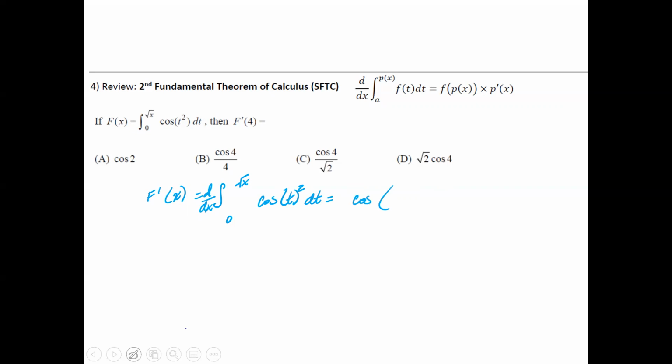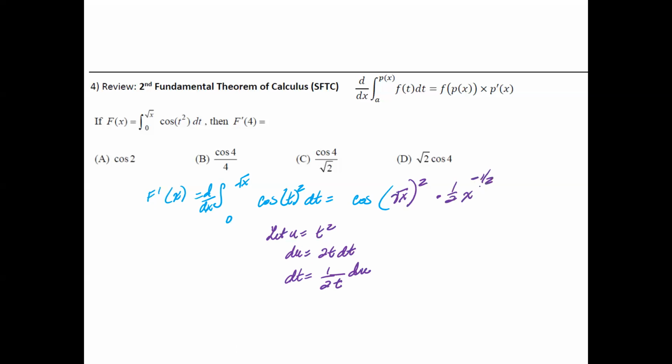And if you decide to go ahead and do this with u, so let u be t squared, du is 2t dt. So then dt is equal to 1 over 2t du. So then when I go ahead and do that, it is going to give me cosine of square root of x squared times 1/2 x to the -1/2.